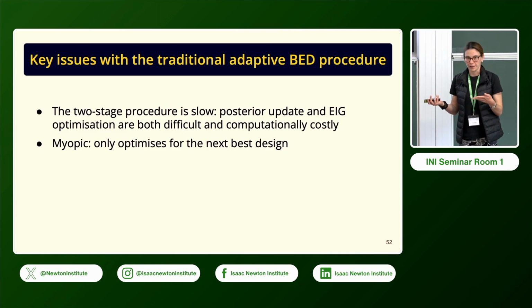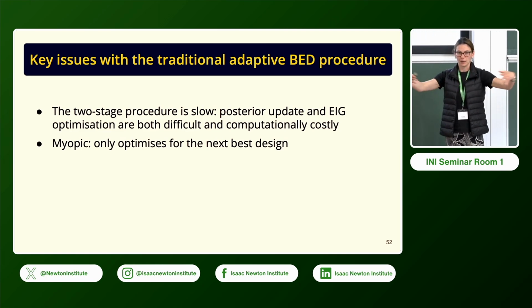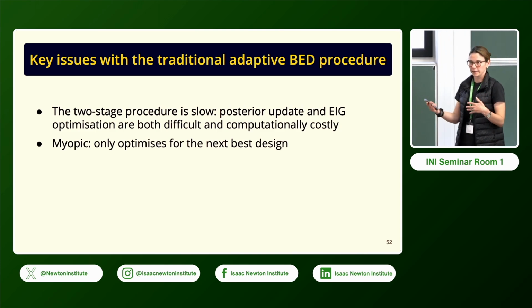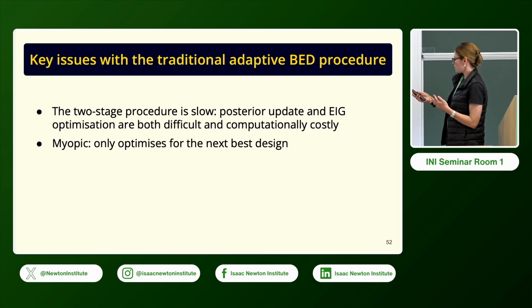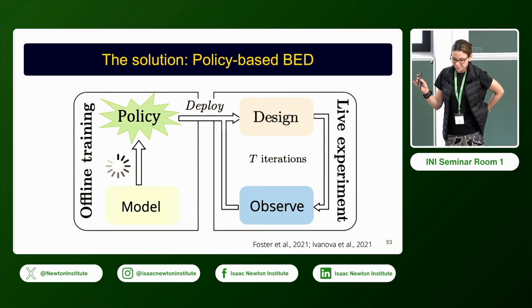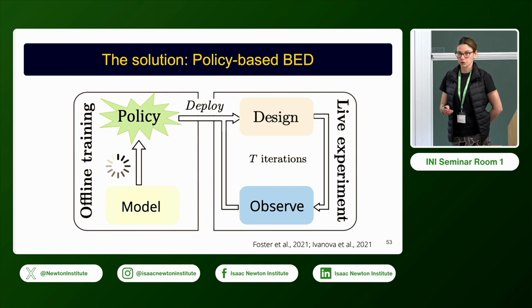And it's also myopic, right? We're only optimizing for the next best design. We're not taking into account the entire sequence of T experiments. We're not planning ahead. So can we deal with these 2 items? And this is where what we call the policy-based Bayesian experimental design approach comes in.